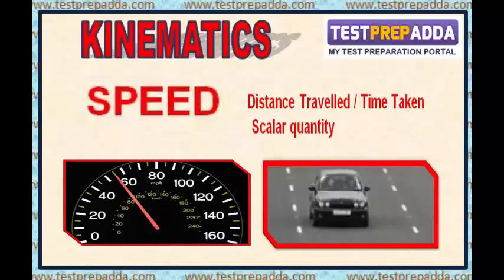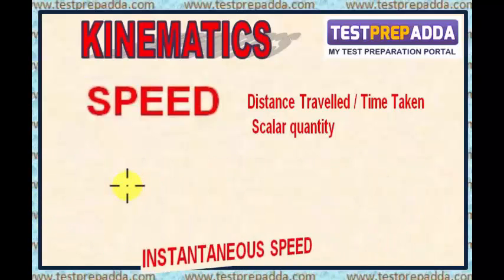So when a person says he touched the speed of 150 km per hour, it means at a particular instant of time, the speed was 150 km per hour. This is called instantaneous speed.